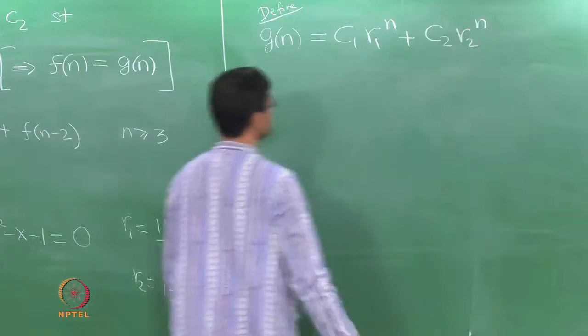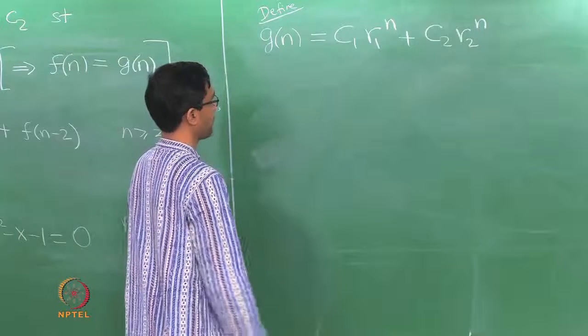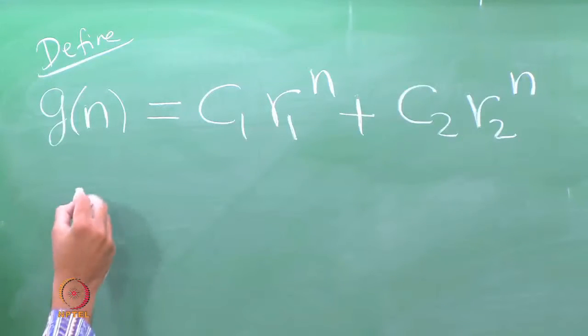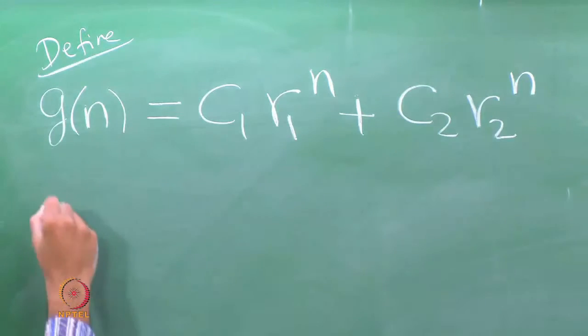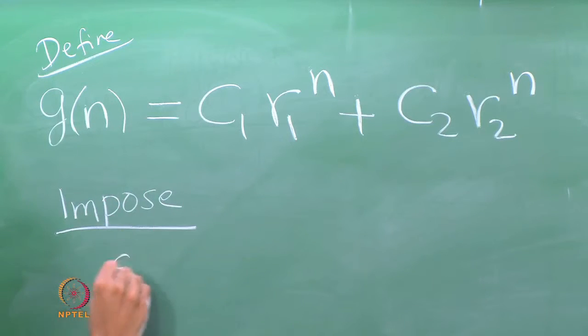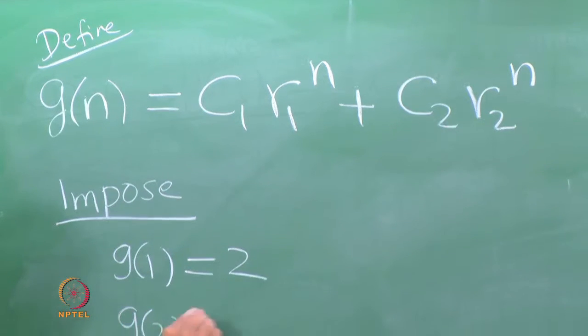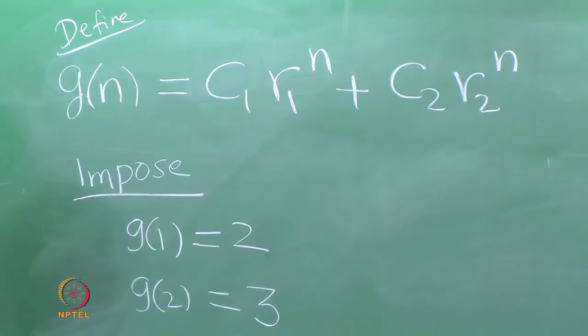So you define g in this way. This certainly satisfies the recurrence relation, and all we want is for it to satisfy the initial conditions. So now let's impose the following conditions. G of 1 we would like it to be 2, and g of 2 we would like it to be 3.